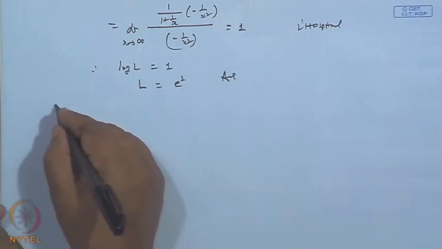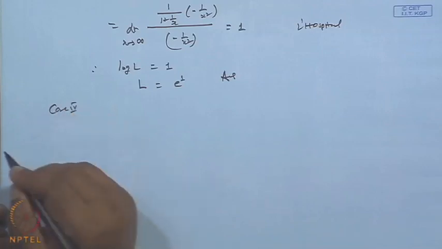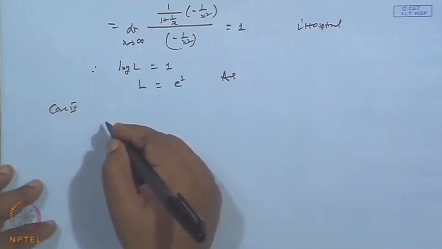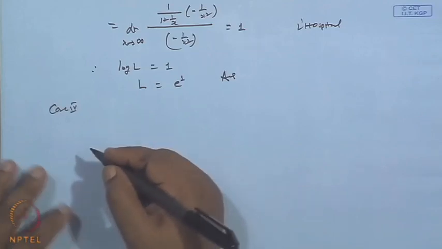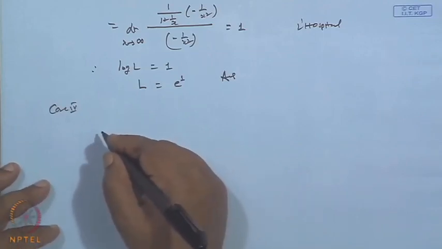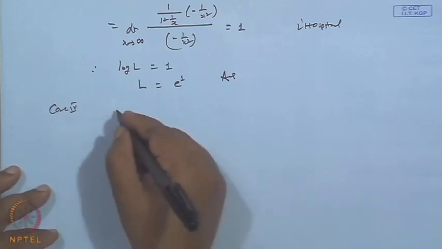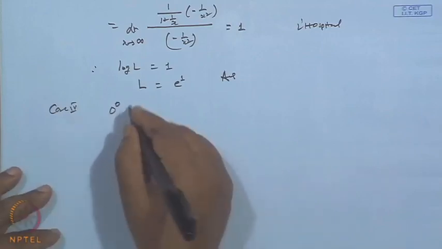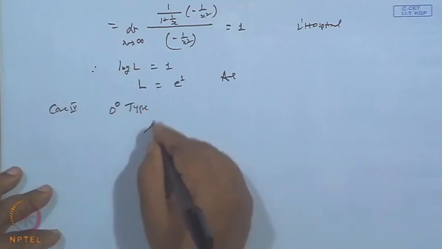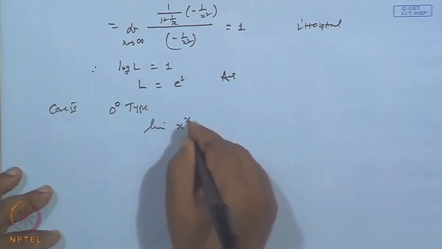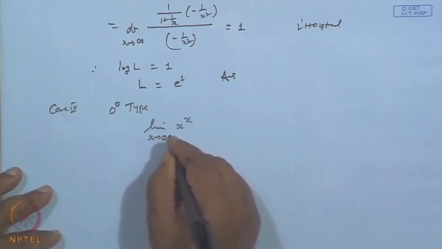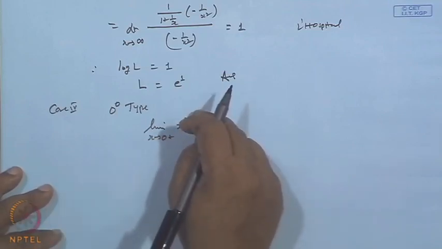Then the next case is the 0 to the power 0 type. For example, take the limit of x to the power x as x tends to 0 plus. It is 0 to the power 0.